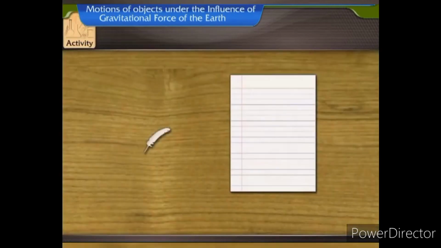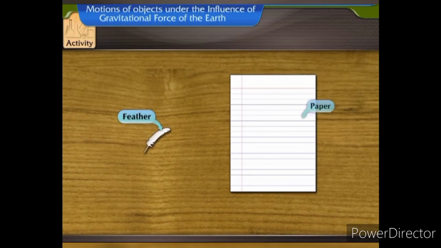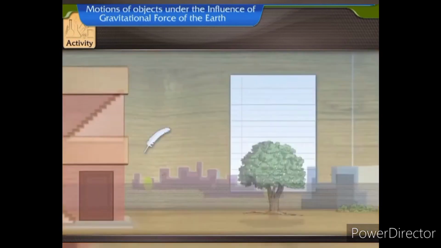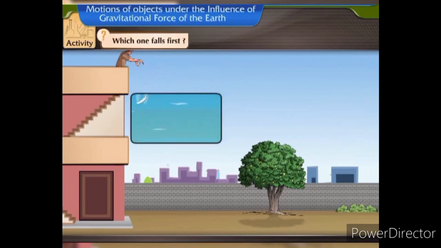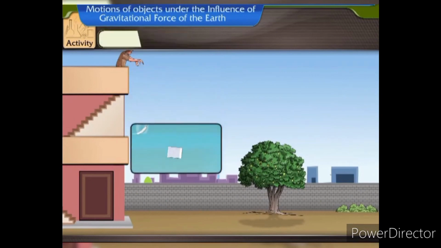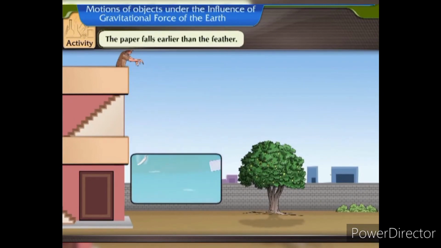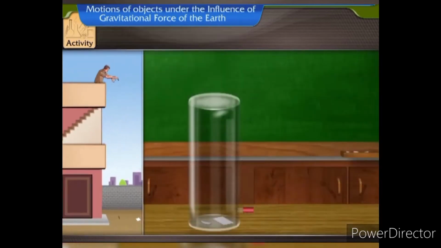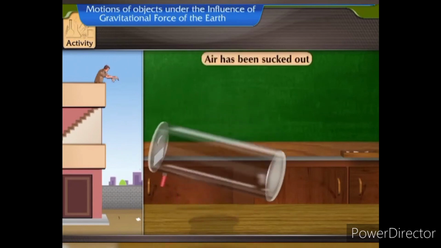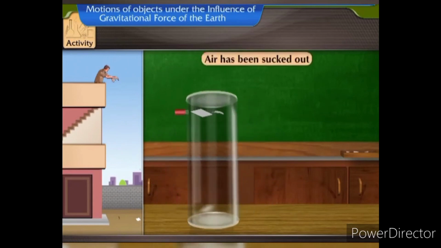Activity 3. Take a feather and a paper. Allow them to fall to the ground simultaneously. Which one falls first? The paper falls earlier than the feather. Now let us try the same activity in a glass tube from which air has been sucked out.